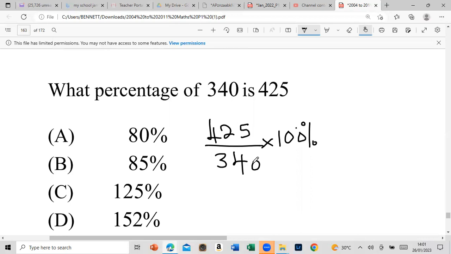This cancels this. So divide by 10 first. You can divide by 2. This will give us 70. The thing seems to be able to cancel out.